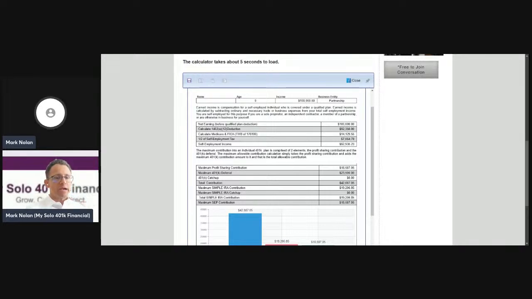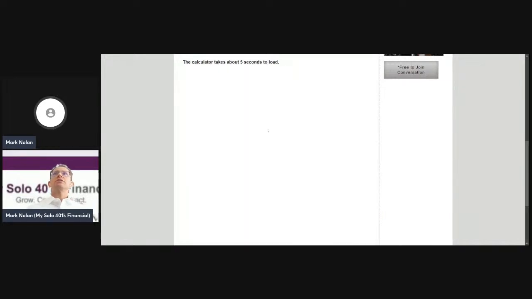So regardless if you pay yourself more, let's say you pay yourself $100,000, you're not going to be able to contribute $92,000. You're still only going to be able to contribute $70,000 to the voluntary after-tax solo 401k bucket and then convert it to the Roth solo 401k. Okay, that was a calculation there.